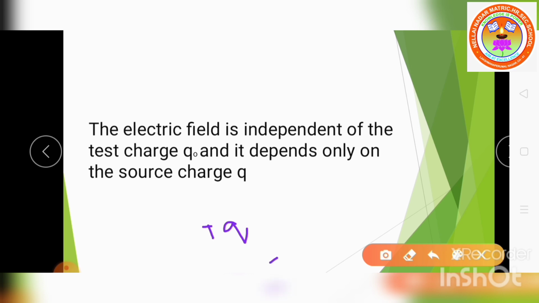If I take the charge negative, with respect to that only the direction will be decided. So the electric field is independent of the test charge. It is very important, 1 mark also. And it depends only on the charge Q.